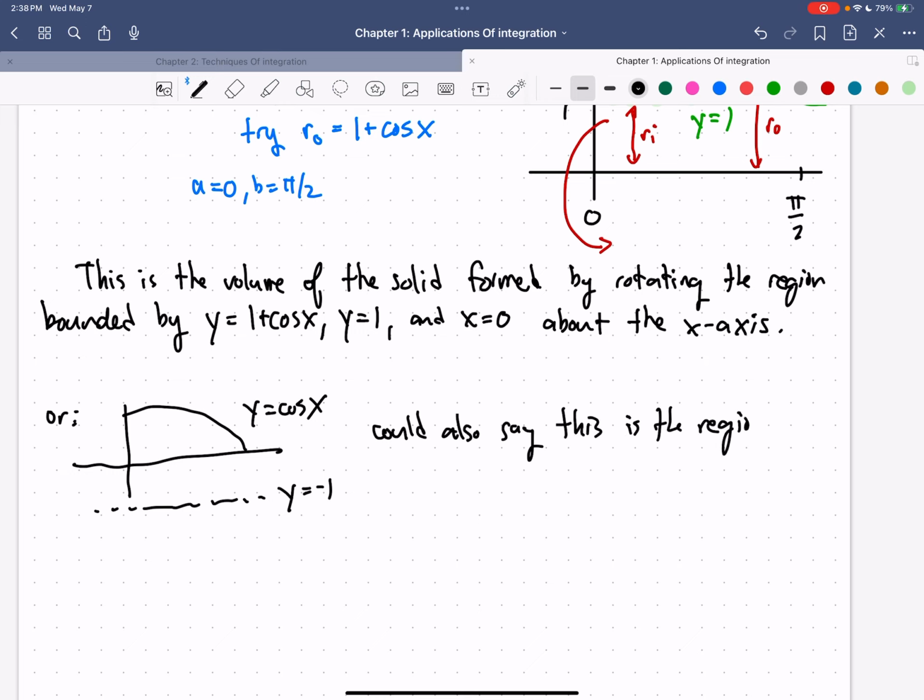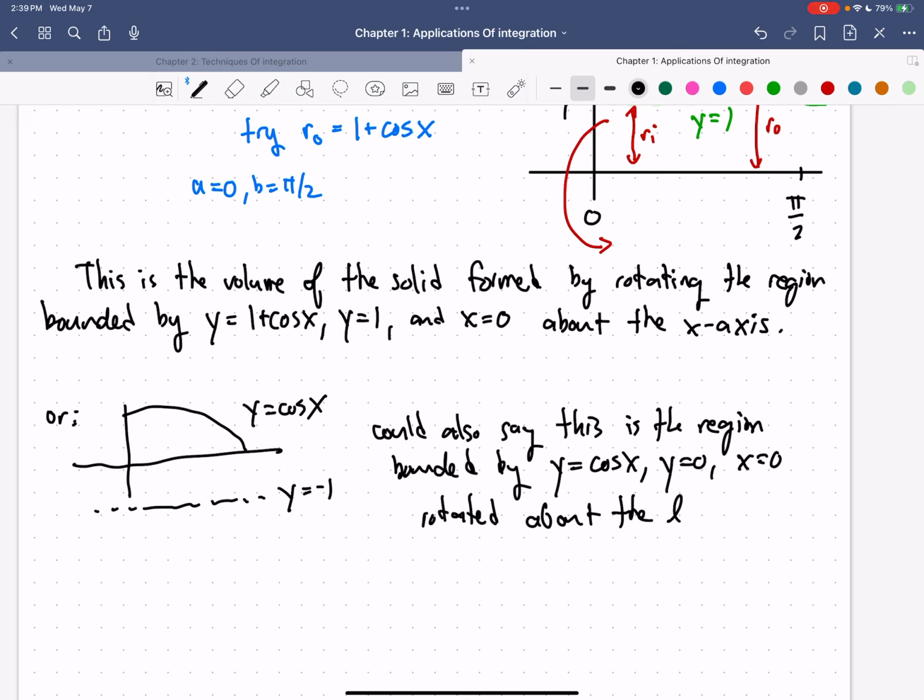So we could also say this is the region bounded by y is equal to cos x, y is equal to 0, x is equal to 0. Rotated about the line y is equal to -1.